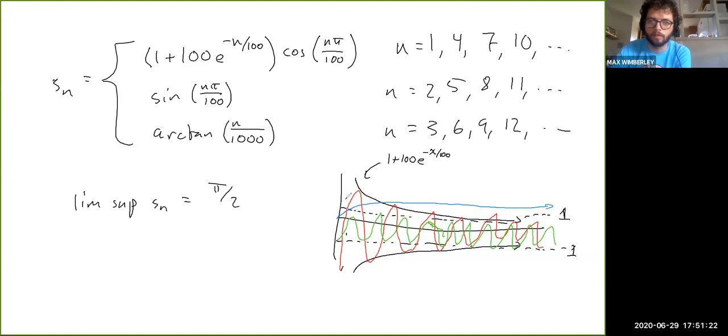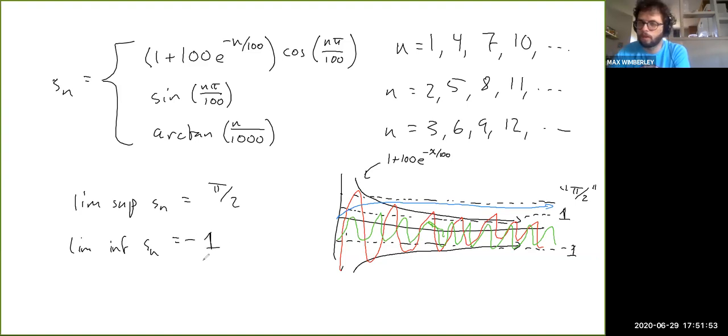So this thing is approaching, quote unquote, pi over 2. So the biggest values end up being around pi over 2, and the smallest ones, from the picture, end up being at -1. Okay, so the lim inf would be -1. Are there any questions about this?